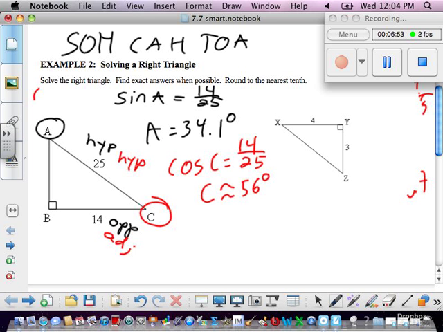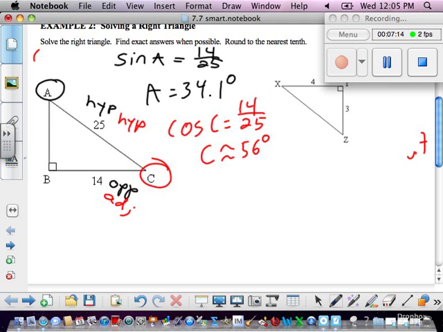Okay, do I have all 3 angles of a triangle? I have A, B, and C. Do I have all 3 sides? No. What side am I missing? AB. How are we going to figure out an unknown side? Pythagorean theorem. Perfect. We go right back to that Pythagorean theorem, and we're going to find that unknown side.